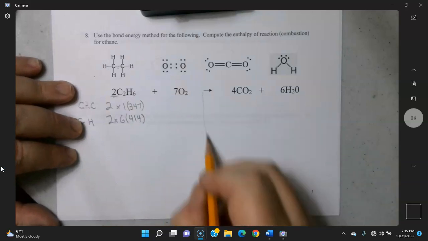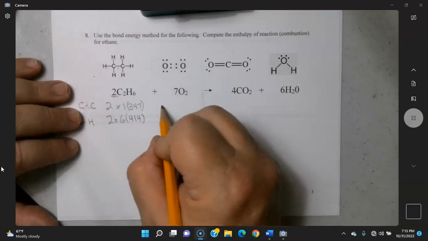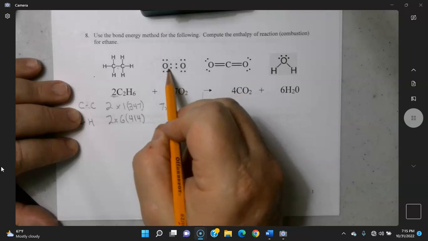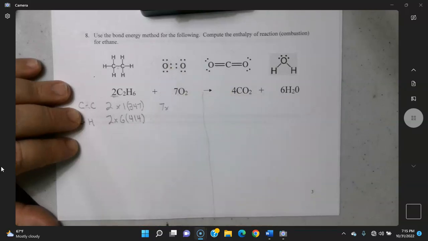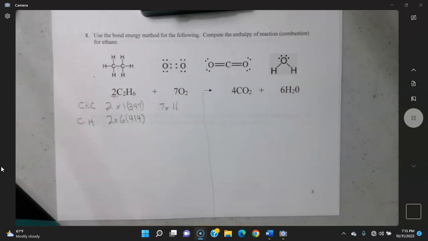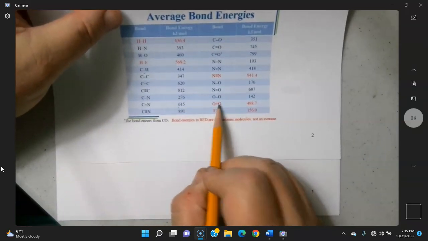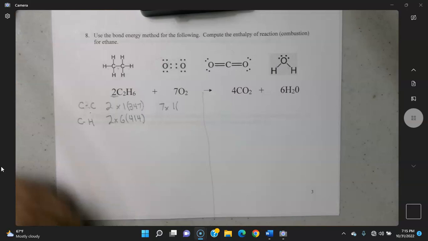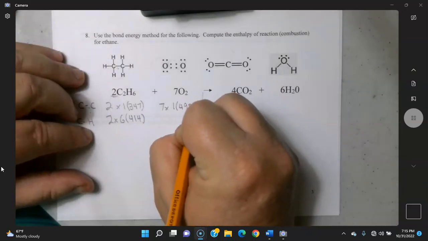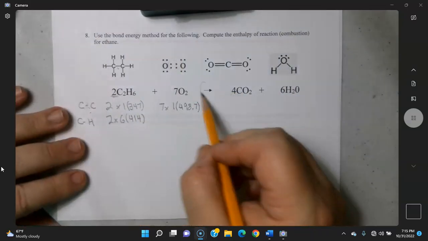Okay, and I'm going to go ahead and do the other one on the reactant side here. Oxygen, there's 7 oxygen molecules, and each one has a double bond. There's one double bond between the oxygen, so that's times 1. Now we come over here and find oxygen, and it's right there. Oxygen double bond is 498.7. Okay, and that takes care of everything over here on the reactant side, on this side of the arrow.